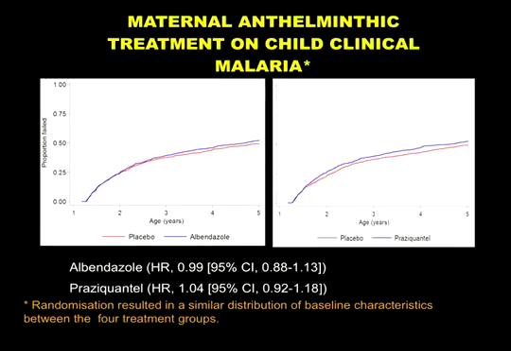So the next slide is going to show you the association between maternal anthelminthic treatment and child clinical malaria. To note, the randomization resulted in a similar distribution of the baseline characteristics between the 4 treatment groups.